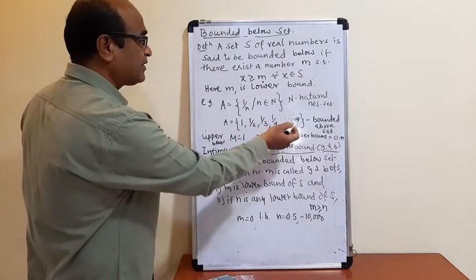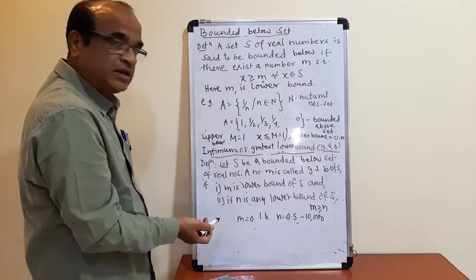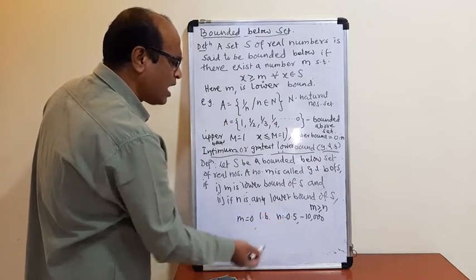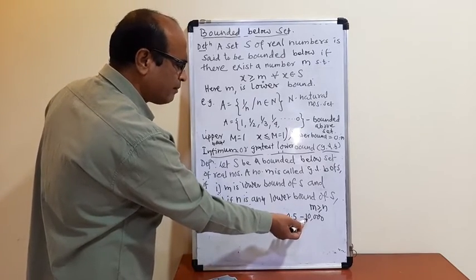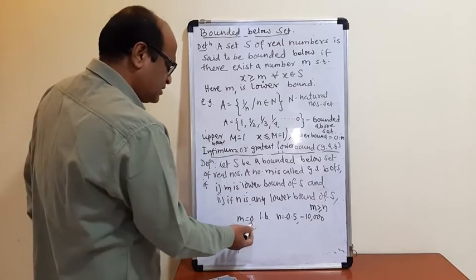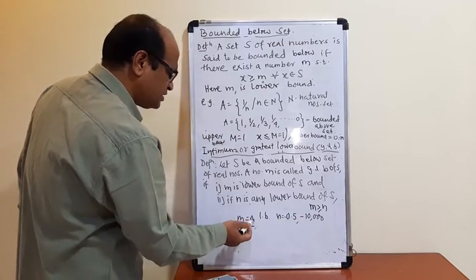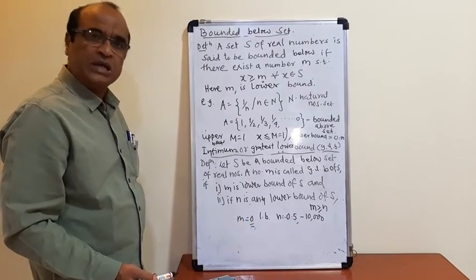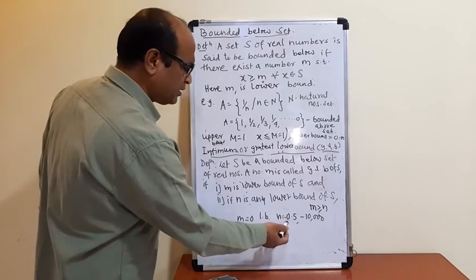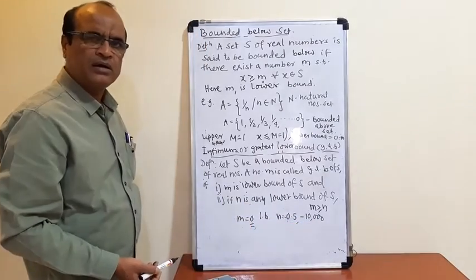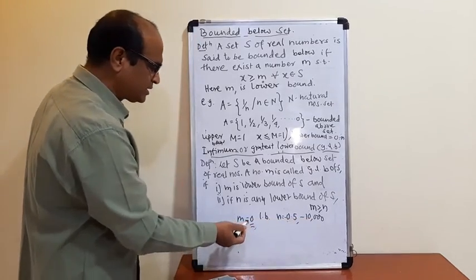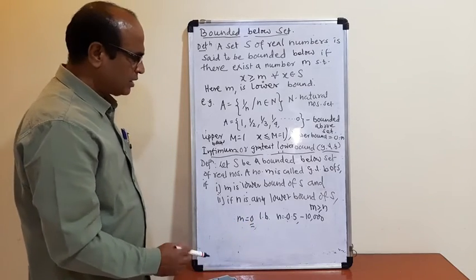All the elements are also greater than or equal to minus 0.5, and greater than minus 10,000. So what is the greatest of these? The greatest is 0. So this is the greatest lower bound, or infimum. We do not require those other numbers; we require only 0, the greatest of them.